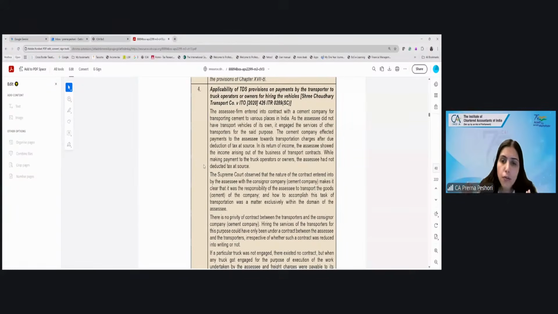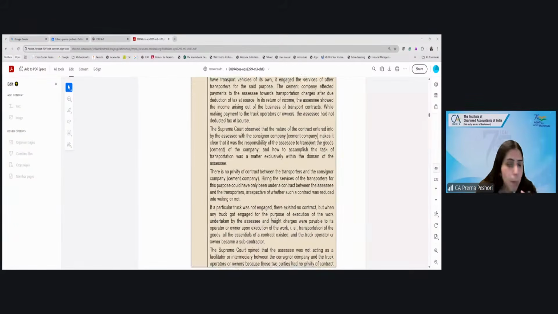There is a different set of contract between the transporter and the truck operator. So, that contract was not in the knowledge of the cement company. So, this is a case of the subcontract. And there existed two contracts, one between the transporter and cement company, another between the transporter and the truck operator.